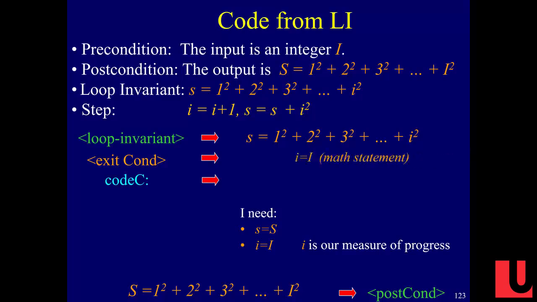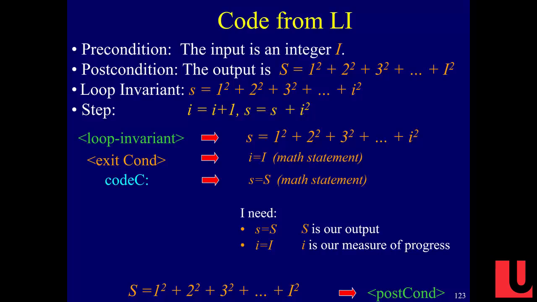So it just seems to me straightforward that I should be the exit condition, right? And then what about this guy? Well, we don't know S. S is our output, right? In fact, the post condition is that S is returned. So it seems to me that should be the final code. Right? People following this?